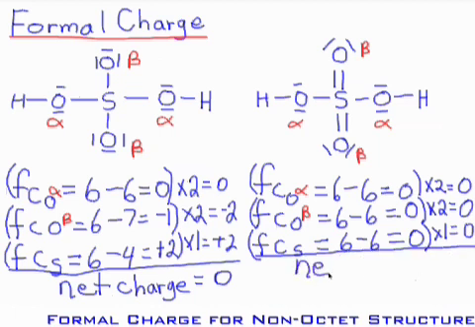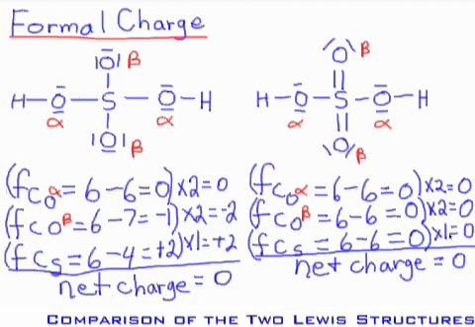Net charge equals 0. Wow. Okay, so there we have it. We can actually write the charges we got. Let's use a different color for that. On the left-hand structure, sulfur was found to have a +2 charge, oxygen -1, oxygen -1. In the right-hand structure, there is no charge.